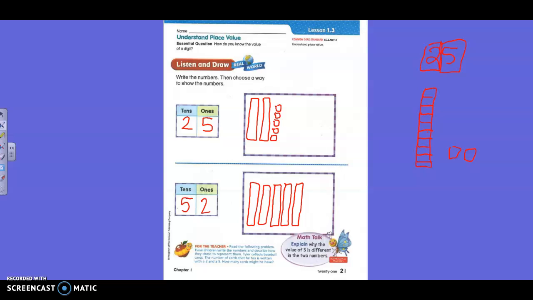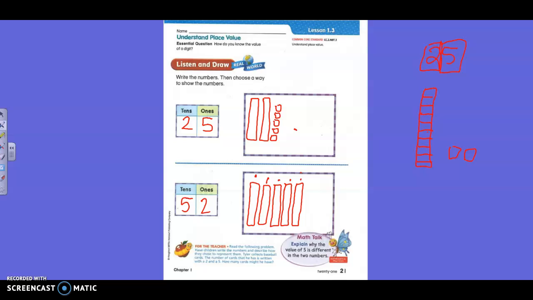Let's count them. 10, 20, 30, 40, 50. Now what do I do? I only have 50. I need to do 52. What do I need to do to show 52? What do I do, Grayson? Draw how many ones? 2.